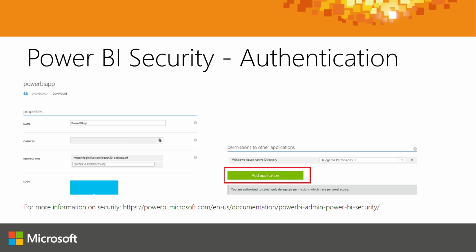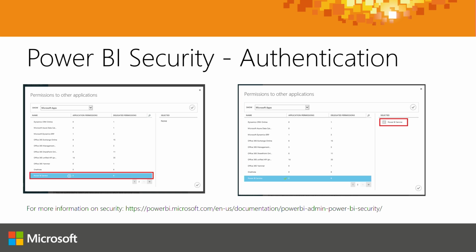The last area is once you've actually added the application, you'll press another button, Add Application, where you're going to choose Power BI as an option, so the Power BI service. This is basically saying that any user who connects through your application to Azure AD is going to get certain permissions to Power BI.